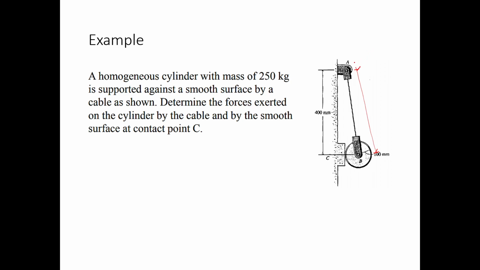Determine the forces exerted by the cylinder, by the cable, and by the smooth surface at contact point C. Okay, so the mass of the cylinder is this one. This circular figure here is your homogeneous cylinder. So the weight here is at this point.